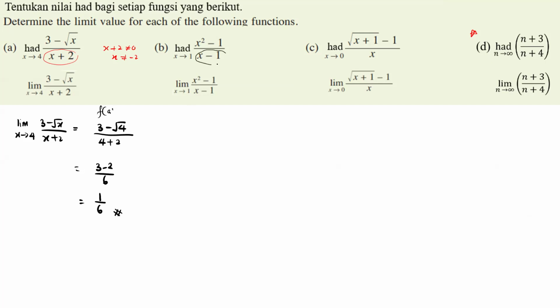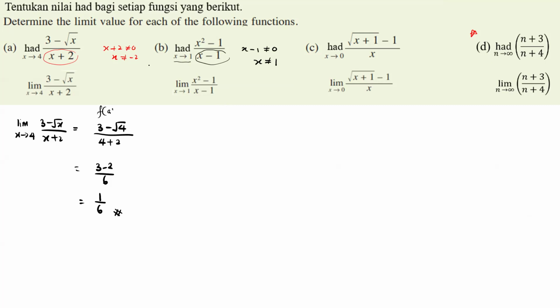Right, next, this one. Now, the denominator shouldn't be 0. Therefore, your value of x cannot be 1. But over here, x approaches 1. If I substitute directly, of course, I cannot get the answer. That is why the idea of limit exists. You see, maths people are very crazy. Everything must have a solution.